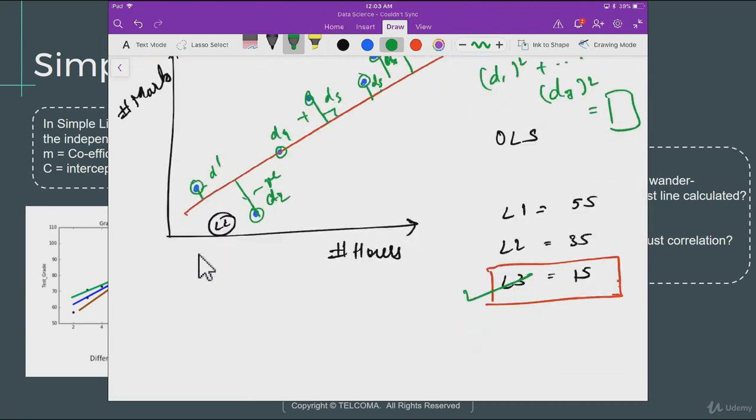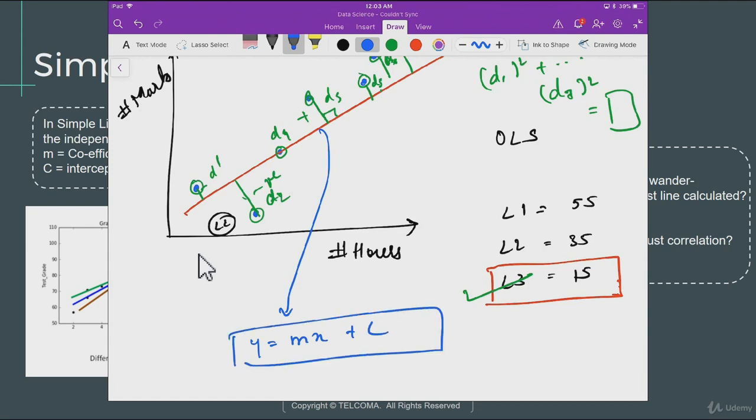Now this line will have an equation. That equation would be y is equal to mx plus c. Now m over here is the slope of this line. If you remember, slope can be calculated using a simple formula.